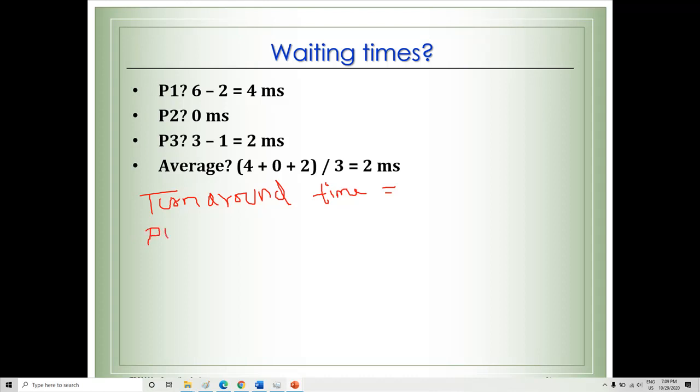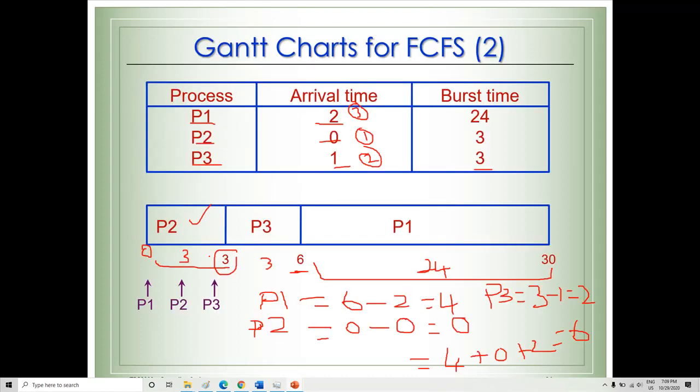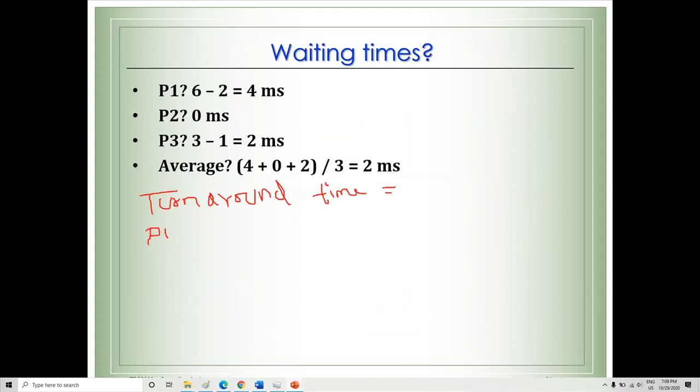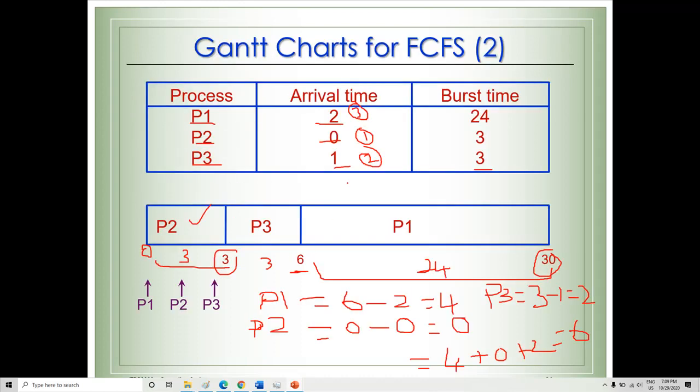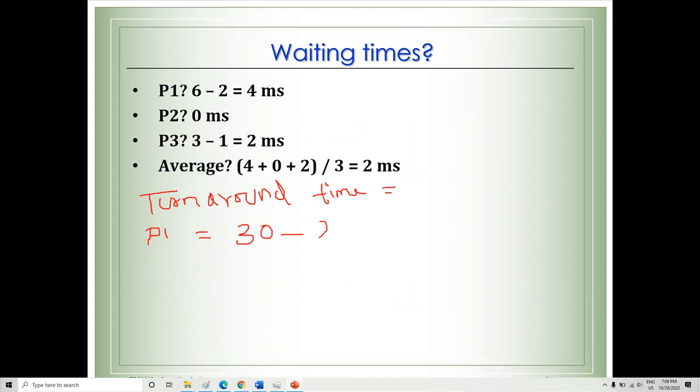Let's say for this problem, the second scenario, let's take process 1. What time is process 1 finishing its task? 30 millisecond. So process 1 turnaround time is 30 millisecond minus its arrival time. Process 1 arrival time is 2. So 30 minus 2 is equal to 28.